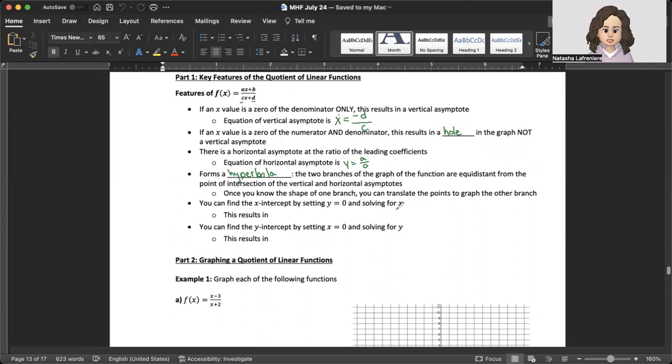So you can find the x-intercept by setting y equal to 0 and solving for x, and this will result in negative b over a, 0. And then the y-intercept will be b over d.